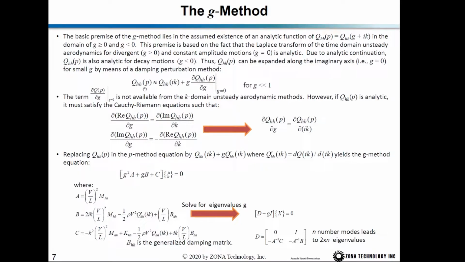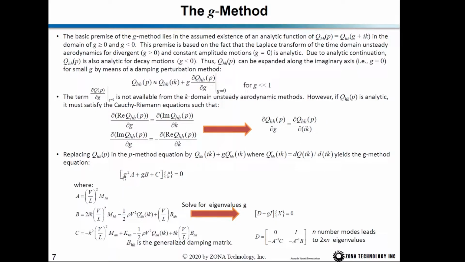So we have this Laplace domain GAF. Then we can plug this back into the P equation, and we come out with the G method flutter equation, where A, B, C are shown here.